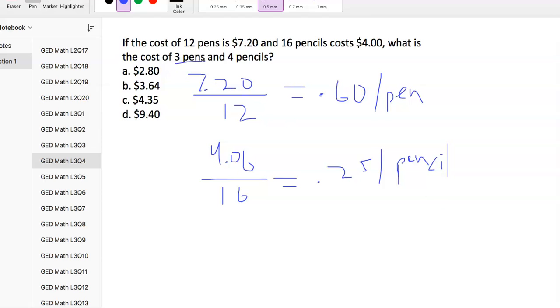So they wanted 3 pens, 4 pencils. Okay, so all we're doing there is we have our price per pen, which is 60 cents, and they want 3 of them. So 0.60 times 3 plus the pencils cost 25 cents each, and they want 4 of them.